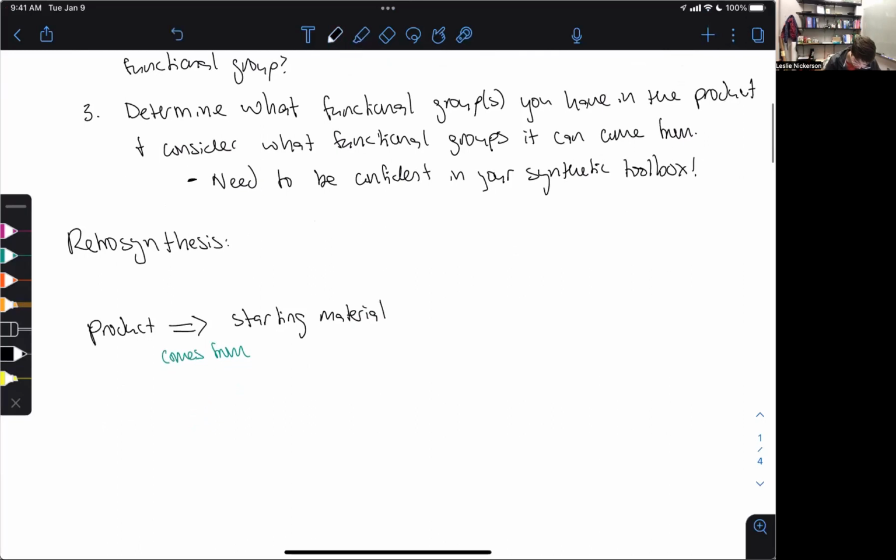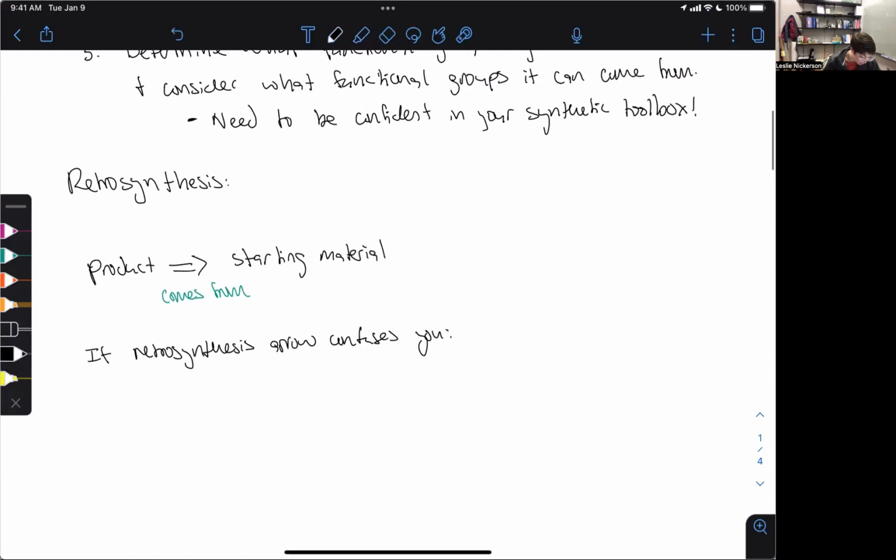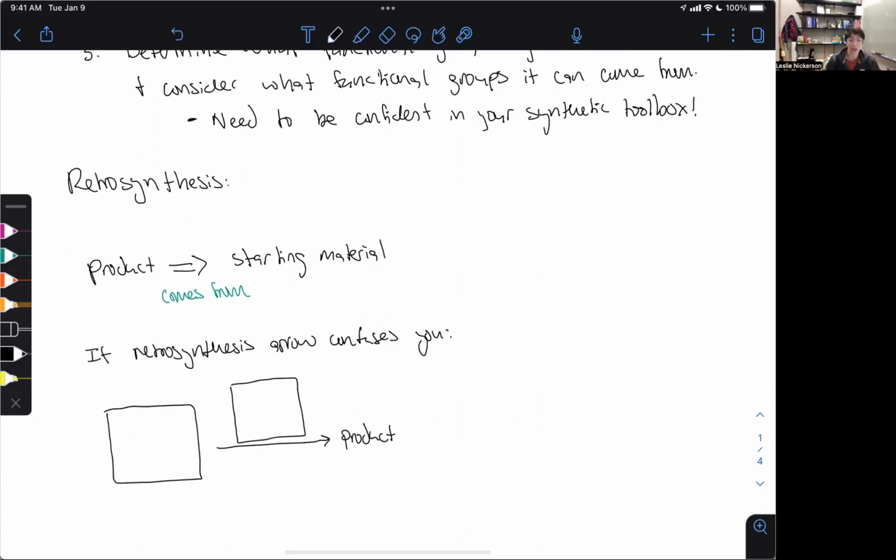If it confuses you, what I would do is set up a problem like this for yourself. You've got some kind of product, and you know that you need some kind of reagents and some kind of starting material to get there.